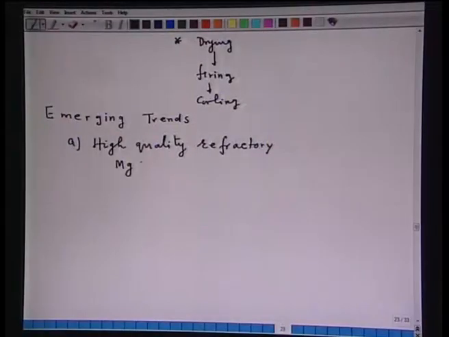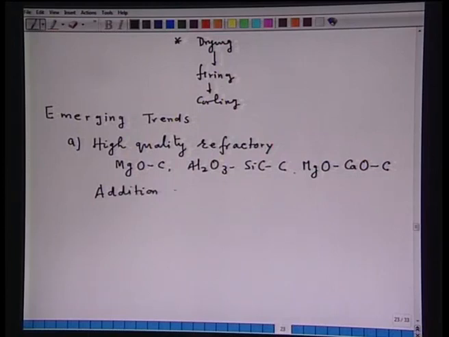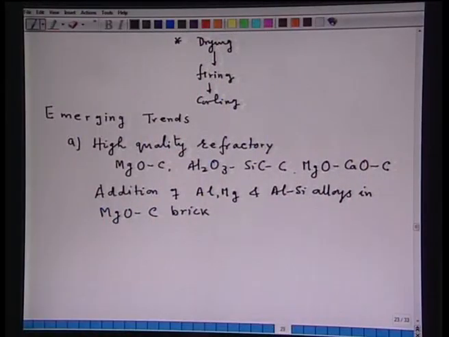Now, here several high quality refractories are developed. For example, MgO-C refractory, Al2O3-SiC-carbon refractory, MgO-CaO-C refractory, then addition of aluminum, magnesium and aluminum silicon alloys in MgO-C brick to generate some special properties, then zircon based refractories, Al2O3-C refractory.